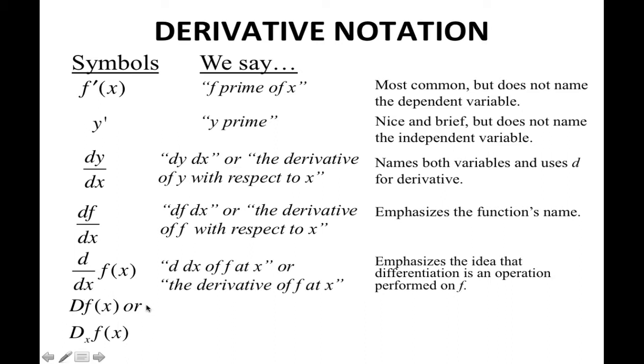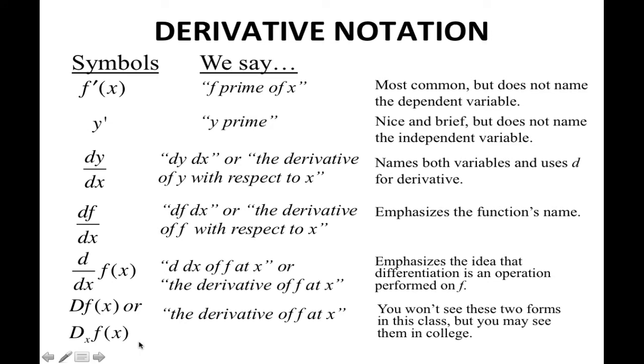These ones you won't see on the AP test or in our book, but they are common in college. And basically it's just the derivative of f at x. And you can see it either way. So it's possible that the college professor might write this on the board just to prepare you.